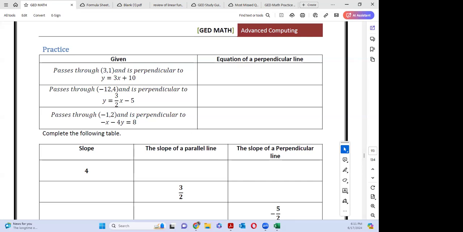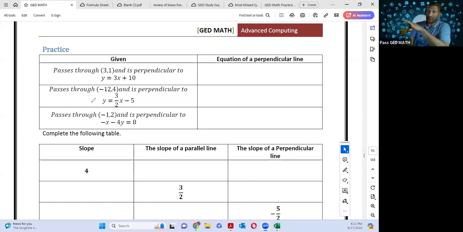So watch this. Let's look at this first. First of all, what I tell you for anything is identify your givens. The equation that we have is in slope-intercept form. Slope-intercept form is y equal mx plus b, where m is your slope and b is your y-intercept.